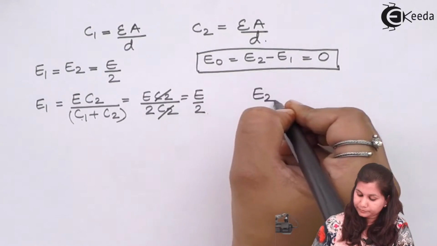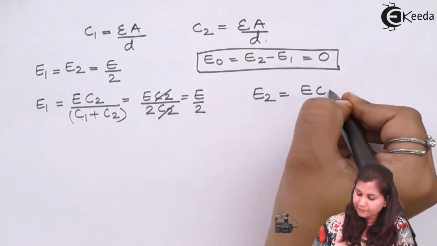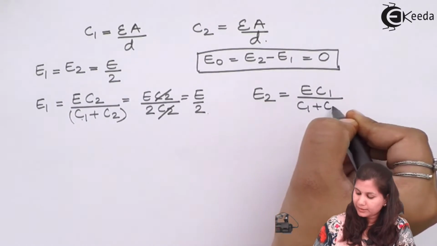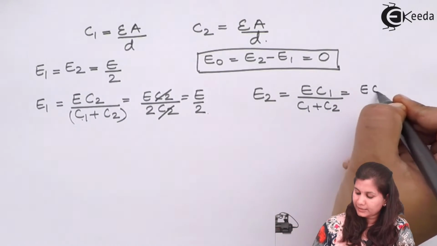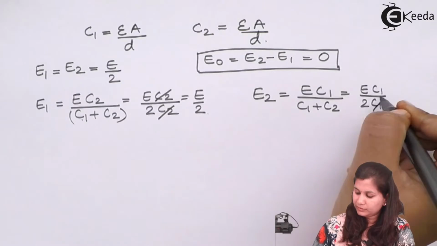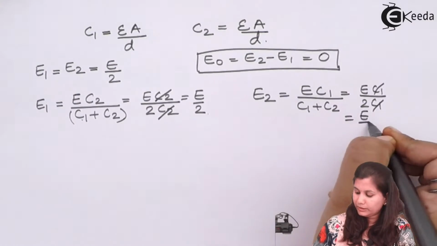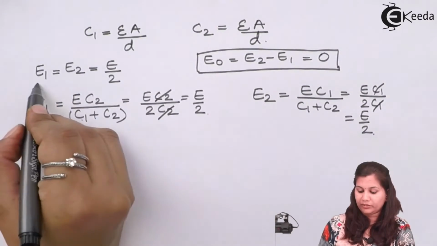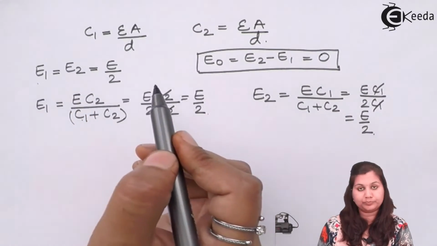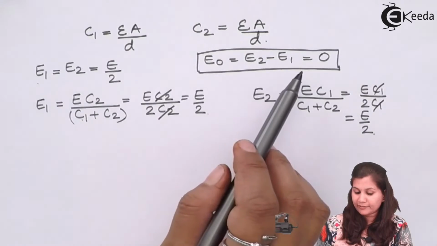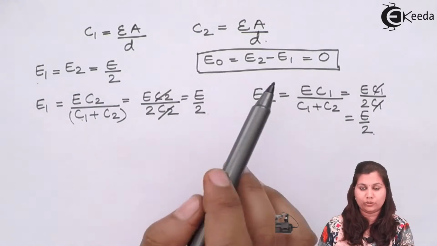Similarly, E2 is E C1 upon C1 plus C2. We can write it as E C1 upon 2 C1, which is also E by 2. So E1 and E2 both come out to be E by 2, and their difference is equal to 0.